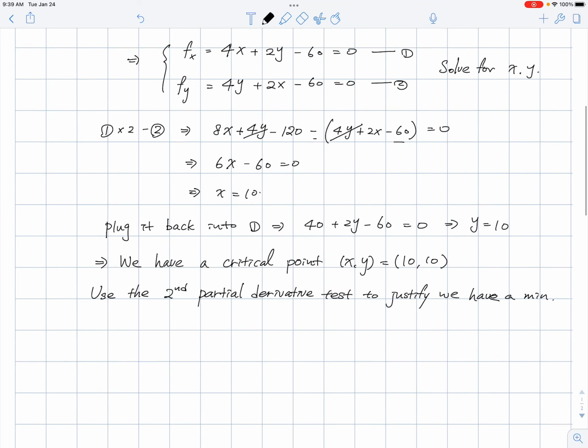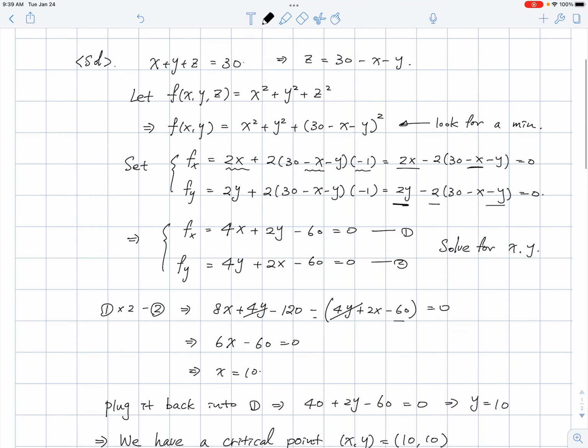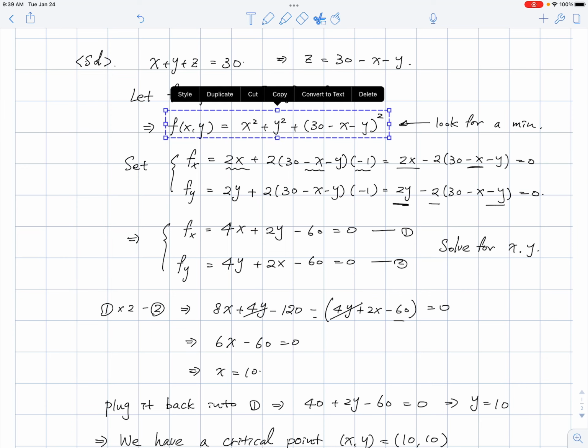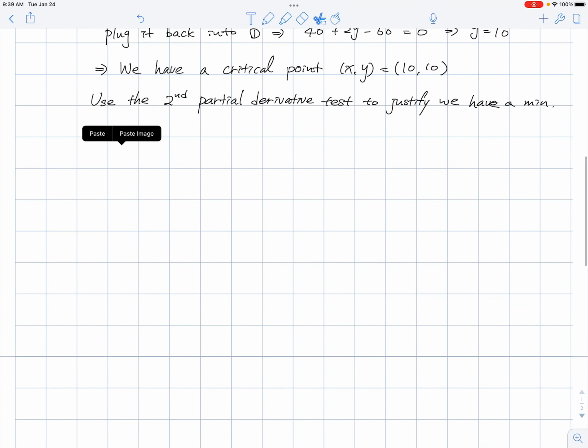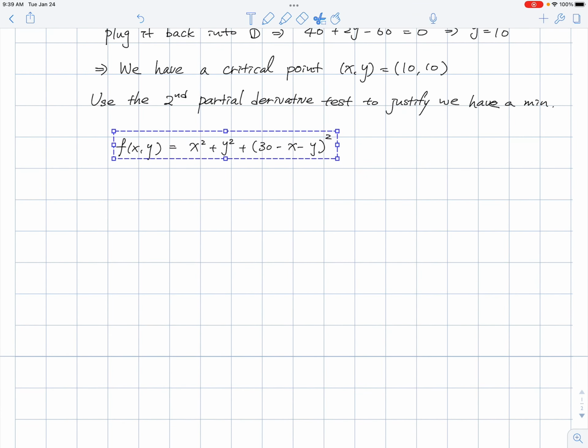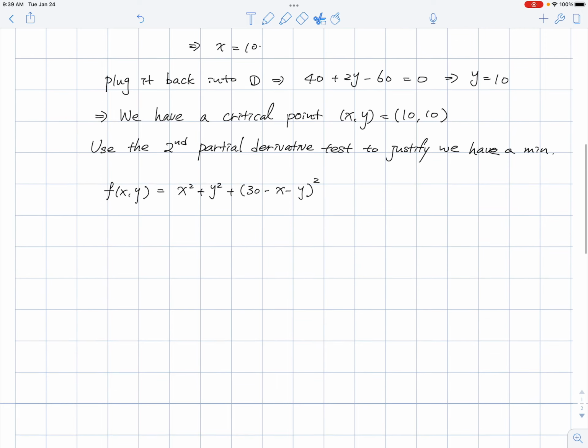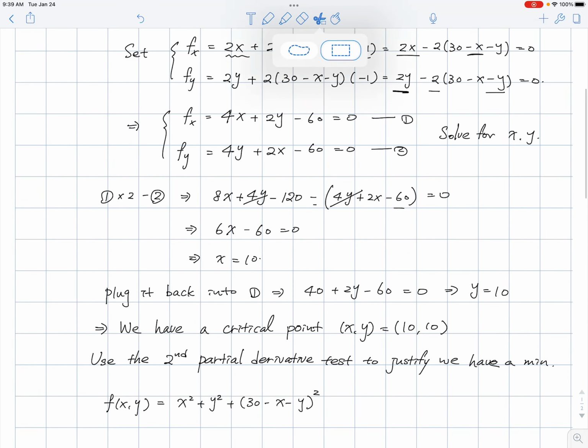Okay, so remember this is our function, with partial derivatives here.